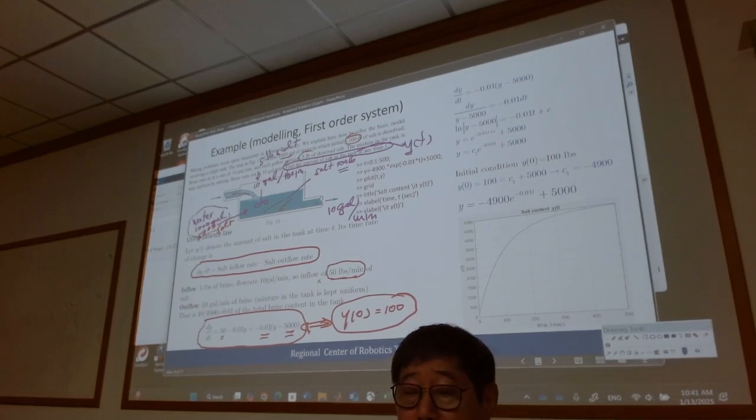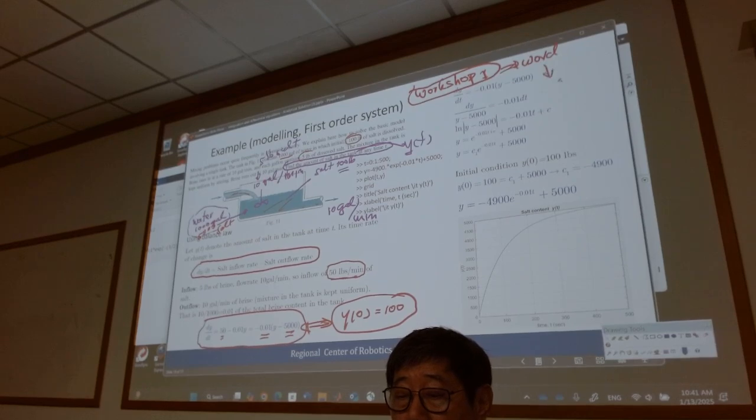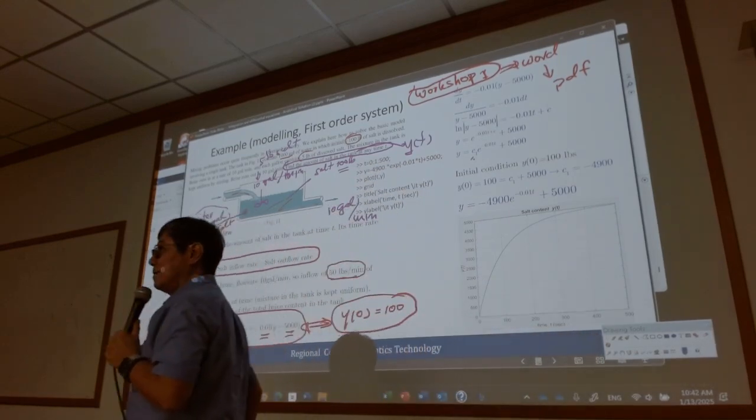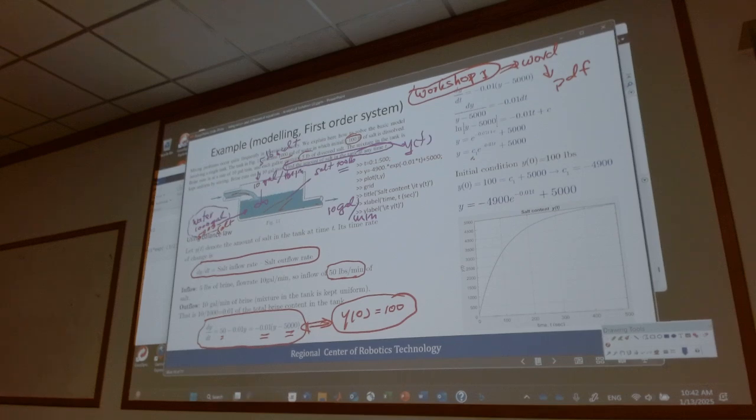The file name will be workshop 1, using Word. Convert that to PDF. No handwriting; everything has to be done by computer.